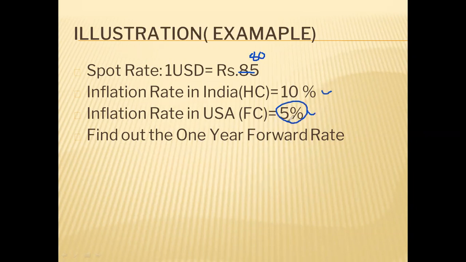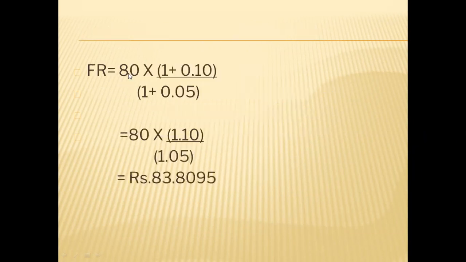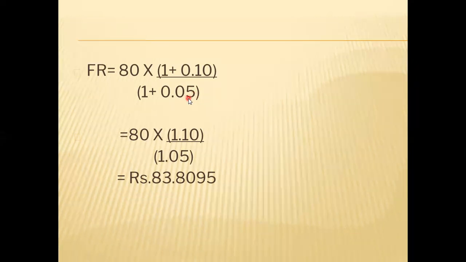So by applying this theory, we should say that the US dollar's price will increase in the forward market, which is happening also. Today it was 80, in forward it became 83. Why? Because US inflation was less than India's inflation. So that's why 80 became 83.